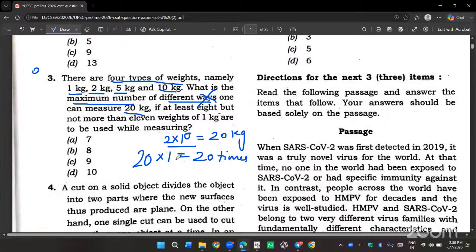But in this problem, what they have asked is, what is the maximum number of different ways one can measure? What does the term ways mean? That is important.